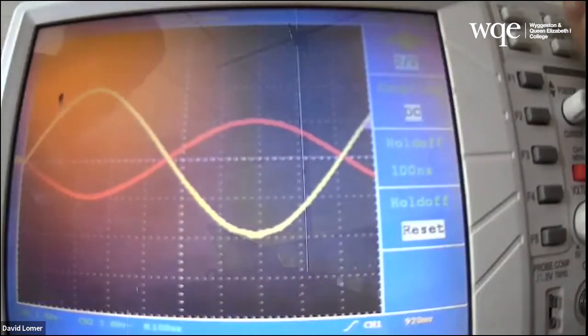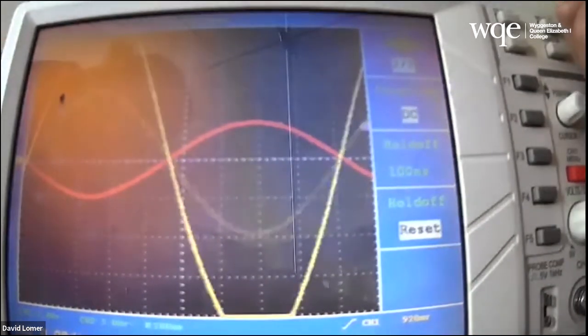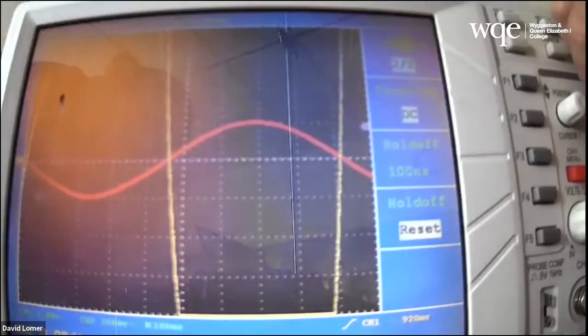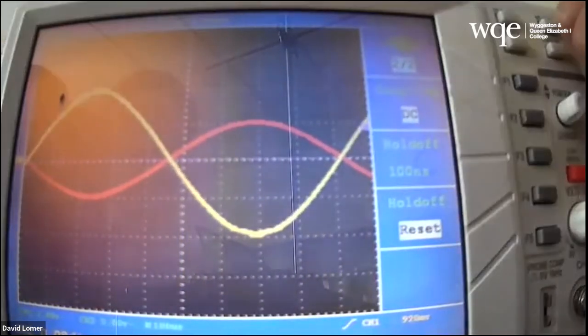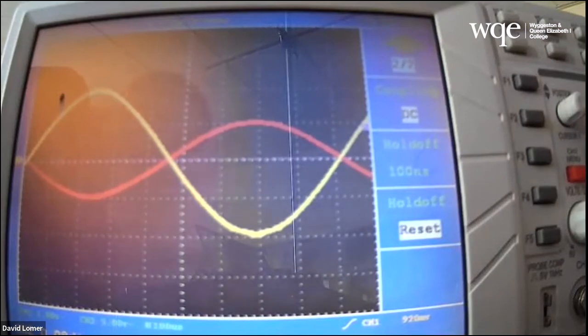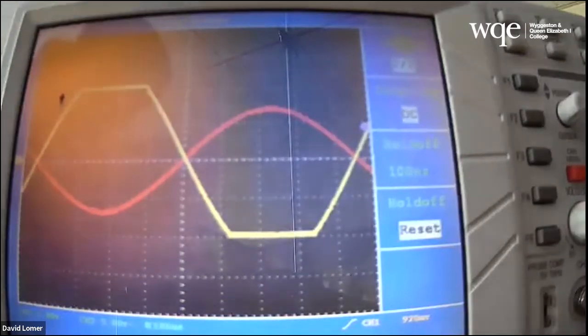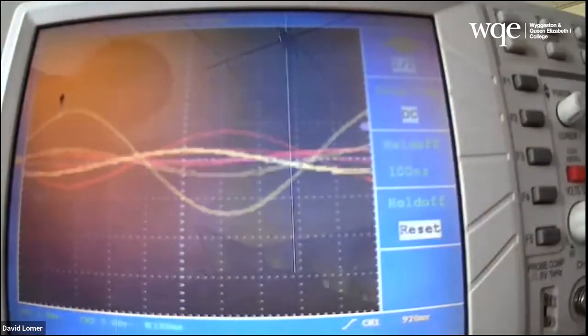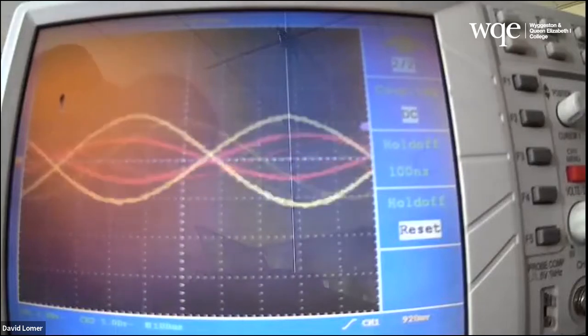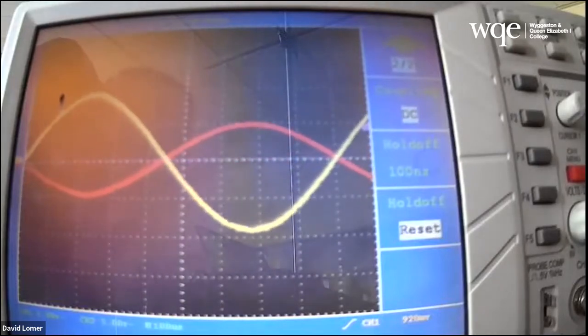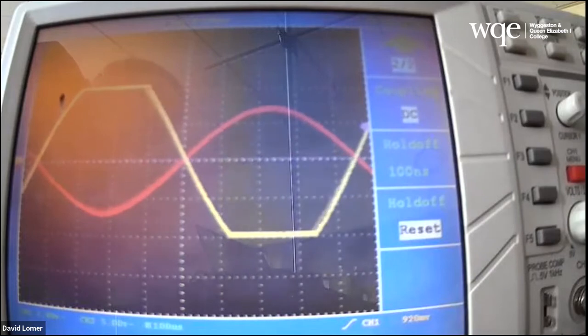Okay, and I'm just going to change the scale on the yellow one again. And what I'm going to do is increase the size of the input voltage. What do you notice about the yellow waveform? What do you notice about the output there? As I increase the size of the red wave, the input, what happens to the output?